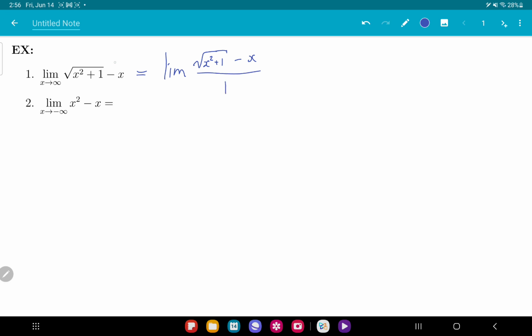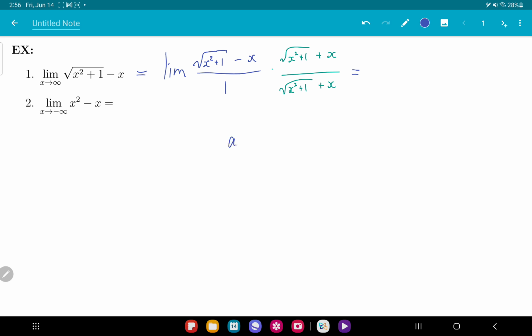So I took this and wrote it as a fraction. And then I'm going to rationalize the numerator, so I'll be multiplying top and bottom by the conjugate of the numerator. Et voila. What do you get?